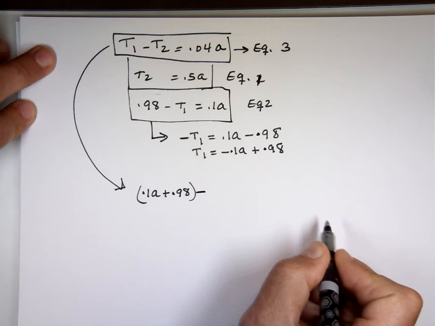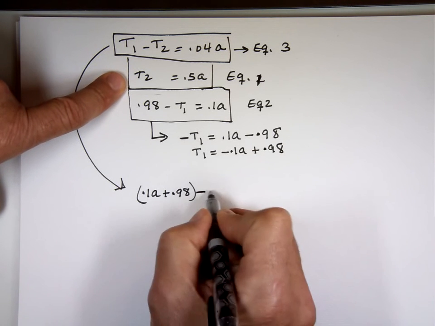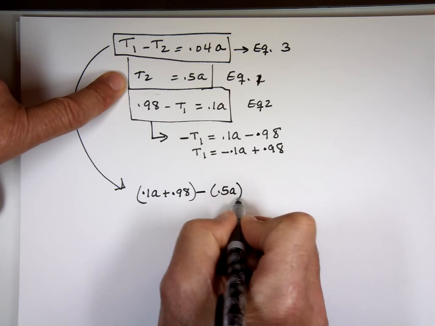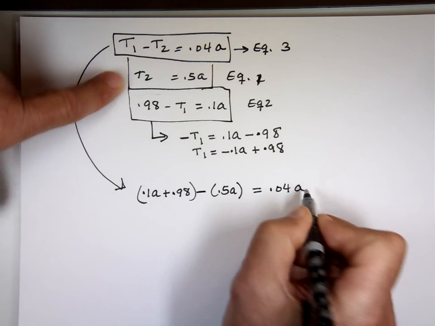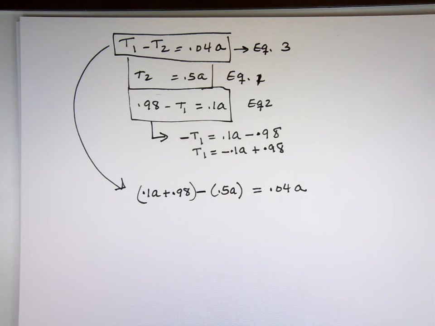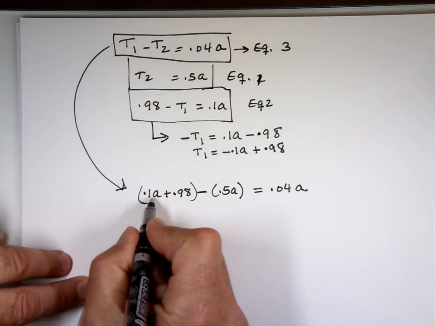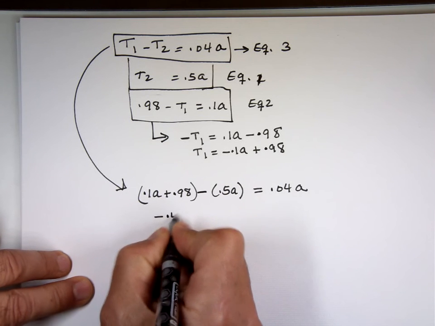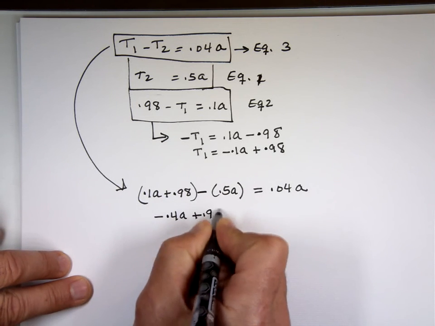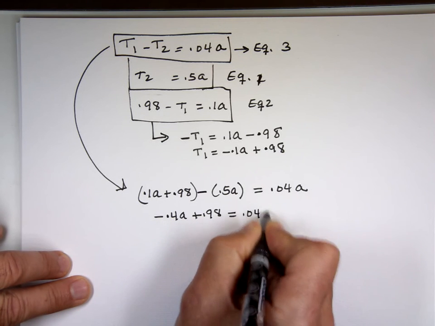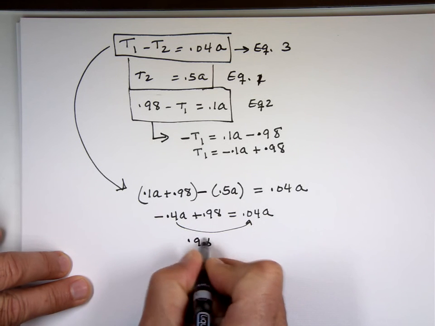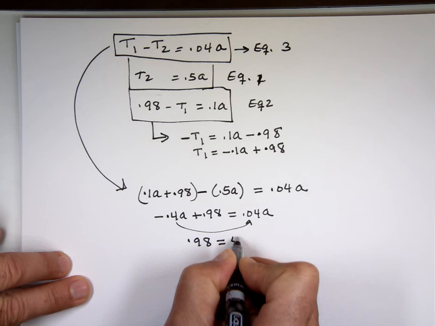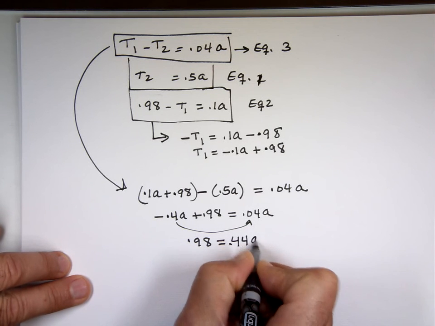In place of T2, let's put 0.5A, equals 0.04A. How many unknowns do you see there? 1 unknown, right? 0.1A minus 0.5A, negative 0.4A plus 0.98 equals 0.04A. Move this one to this side: 0.98 equals 0.44A. And what is A equal to?